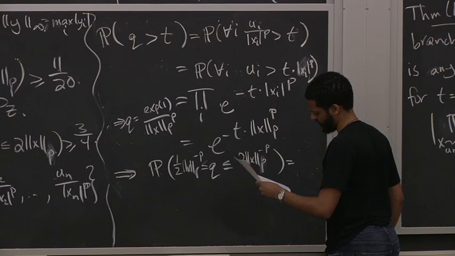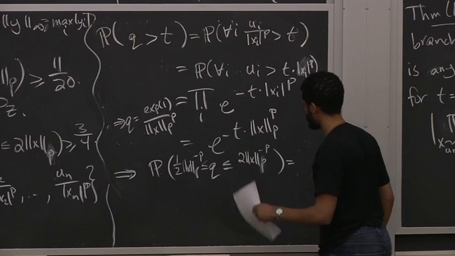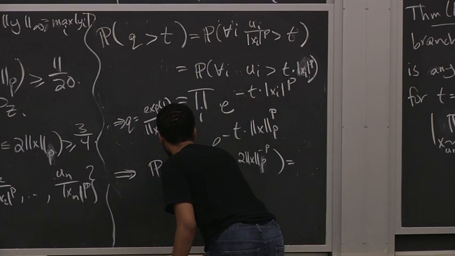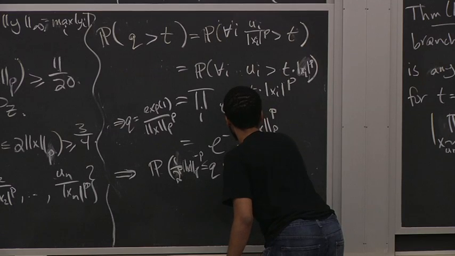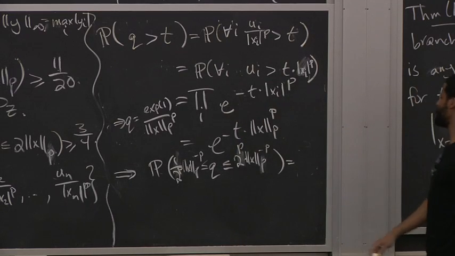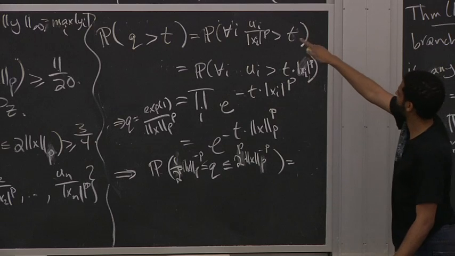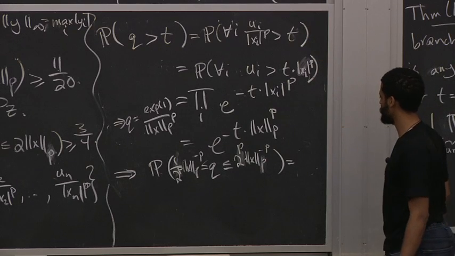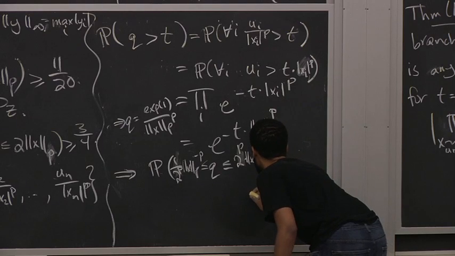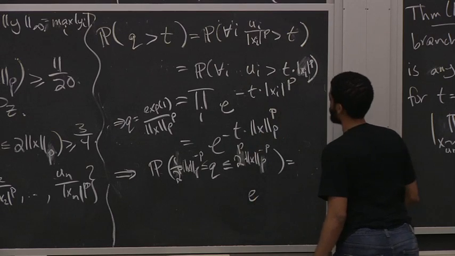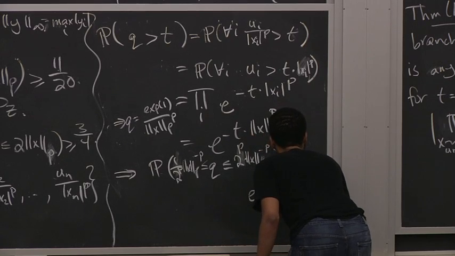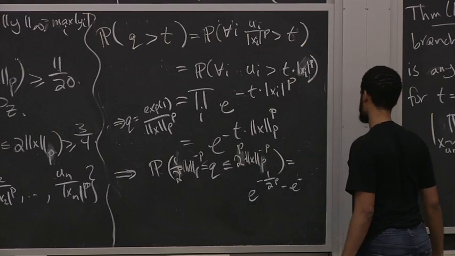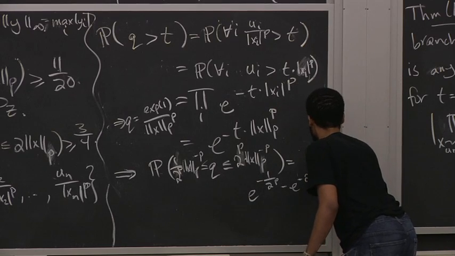So the probability that Q is between these two things, let me write it like this. Let's say, let me put 1 over 2 to the p here. The probability that Q is between these two things is just the difference of the tail of the exponential distribution, which is e to the minus 1 over 2 to the p minus e to the minus 2 to the p.